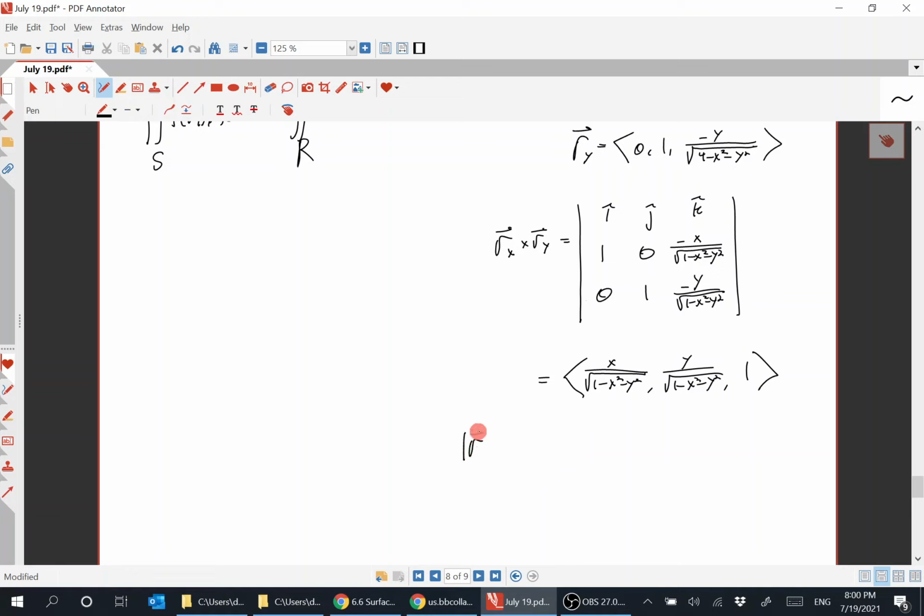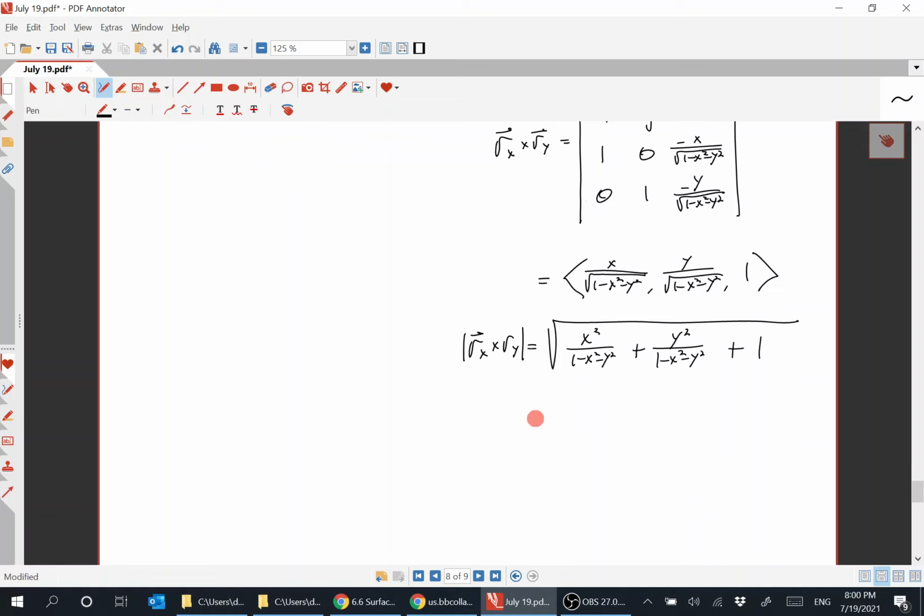So the length of Rx cross Ry is equal to the square root of this squared plus this squared plus that 1 squared.